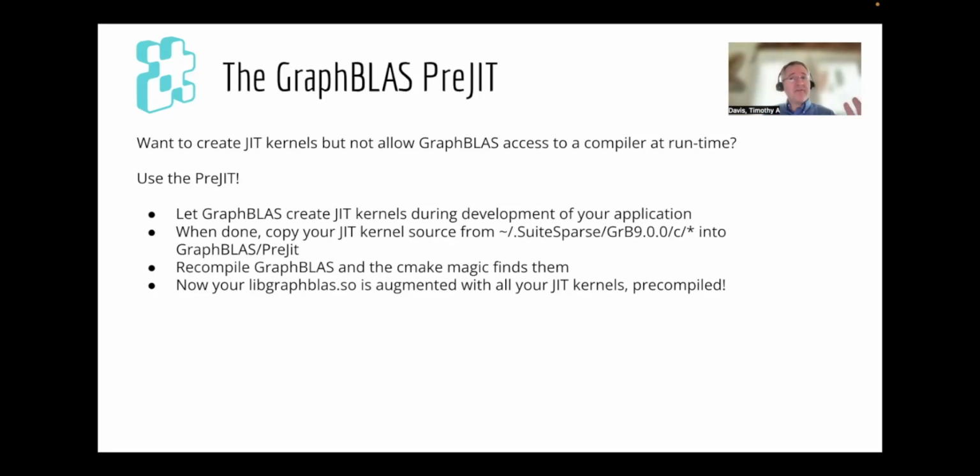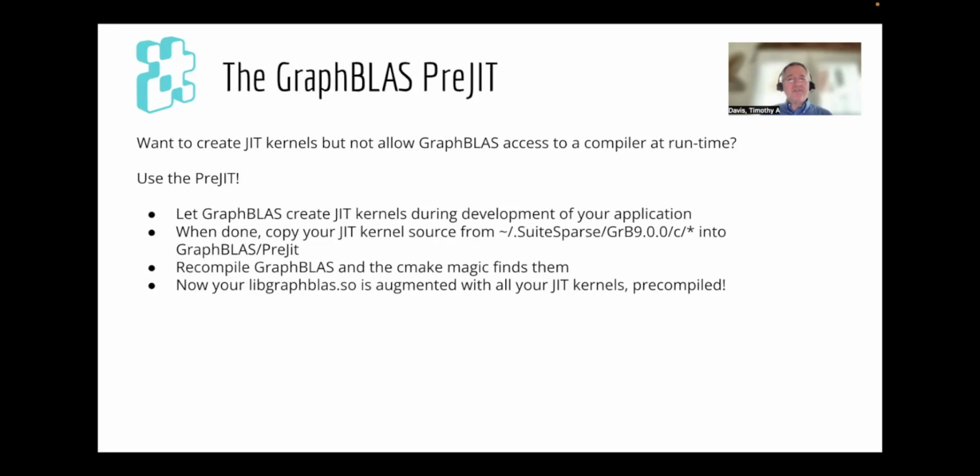You can even turn off my factory kernels, so GraphBLAS becomes very short, very small, very fast to compile, and everything goes through the JIT now. And then you stop. You shut your application down, and now you go look at your cache folder, and it's full of C source codes that I have created, and also the library versions. You don't need the compiled libraries.